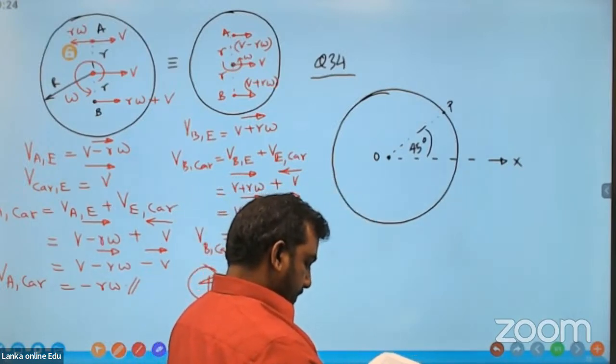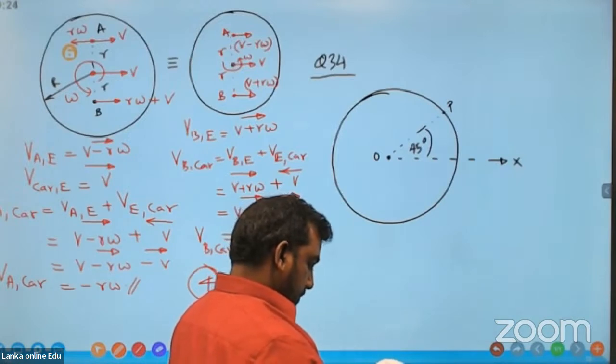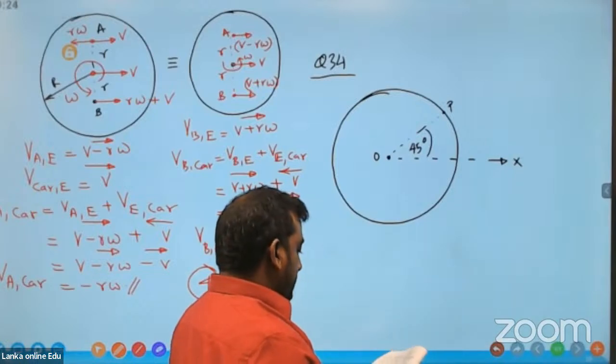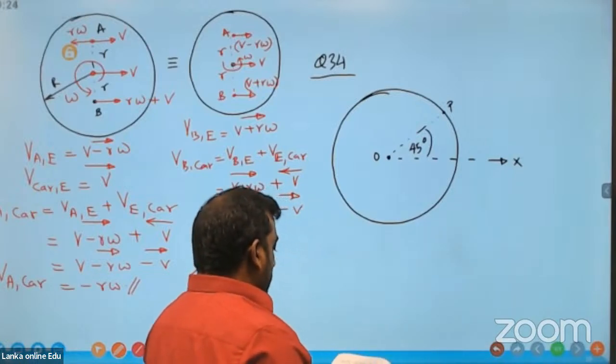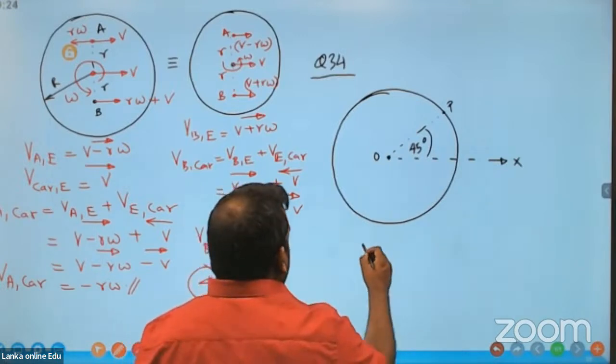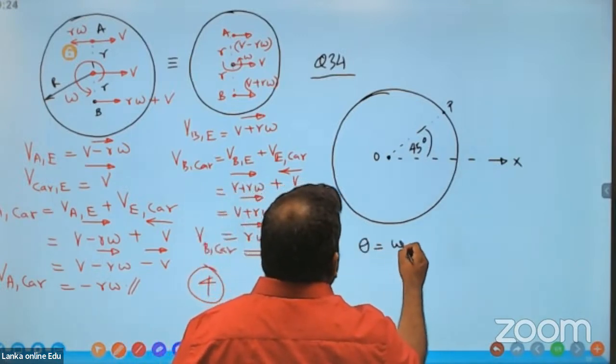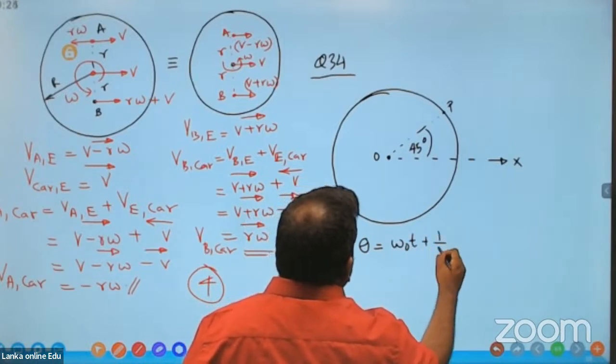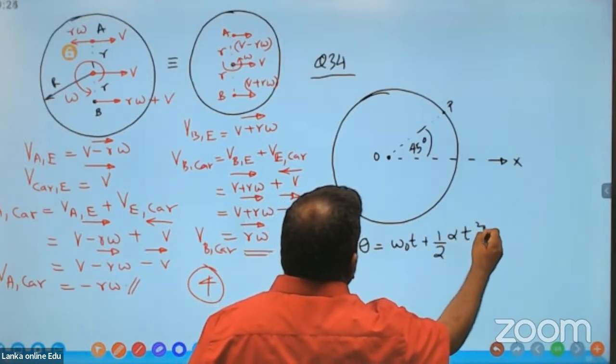Constant angular acceleration starting from rest. Now, theta equals omega naught t plus half alpha t square.